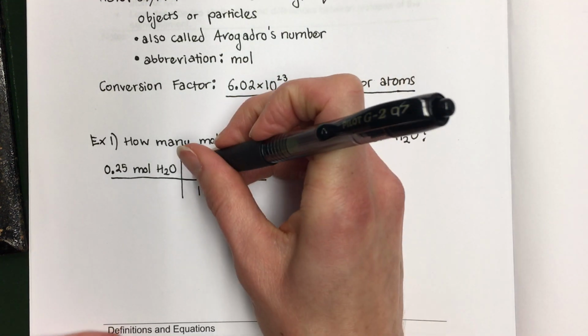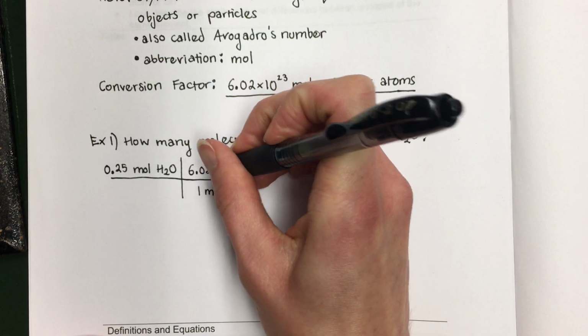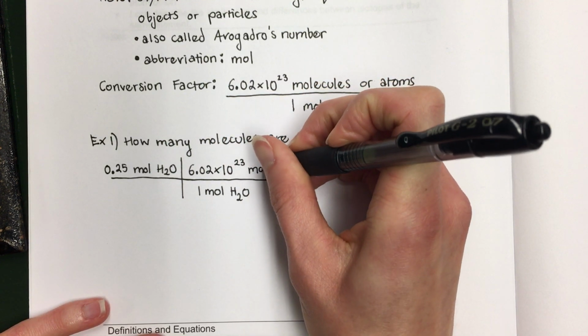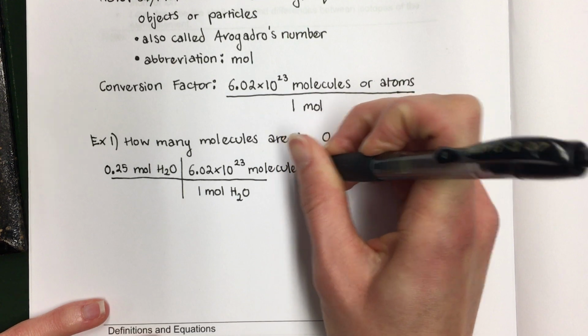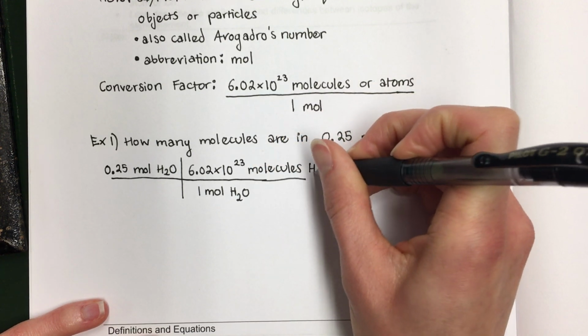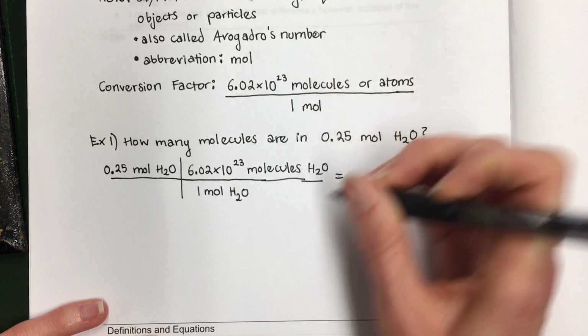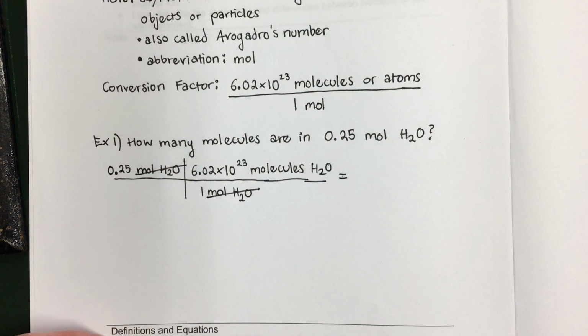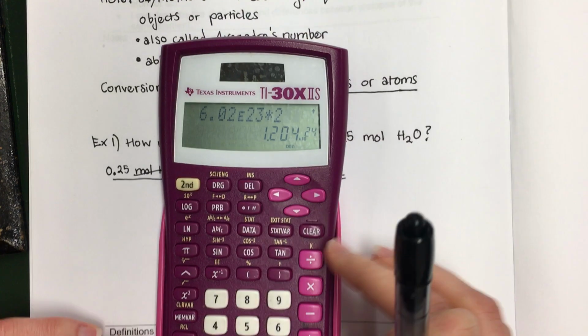In 1 mole of water, or H2O, there are going to be 6.02 times 10 to the 23rd molecules of H2O. There isn't really an abbreviation for molecules, so sorry about that, guys. Our moles of H2O cross out, and then we're just going to put this into our calculator.